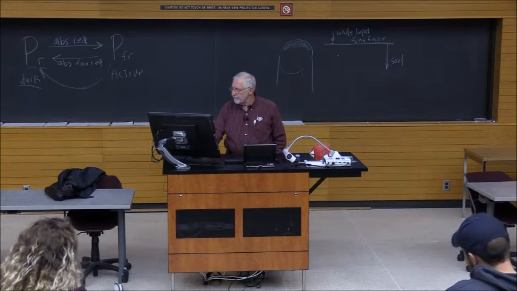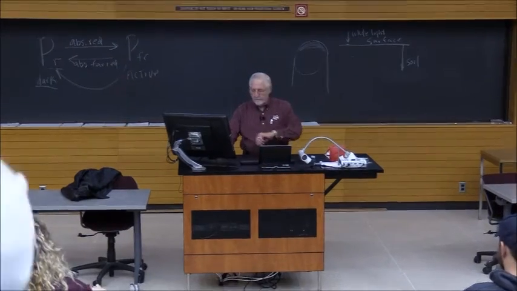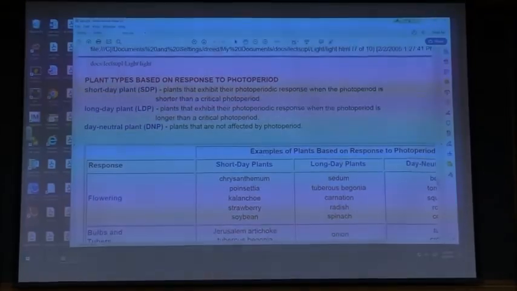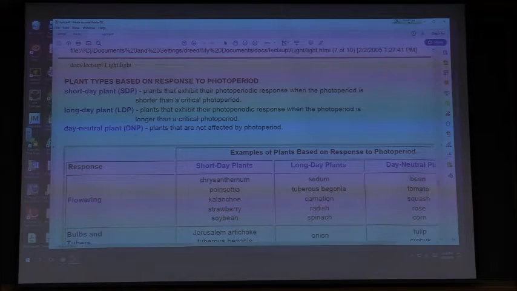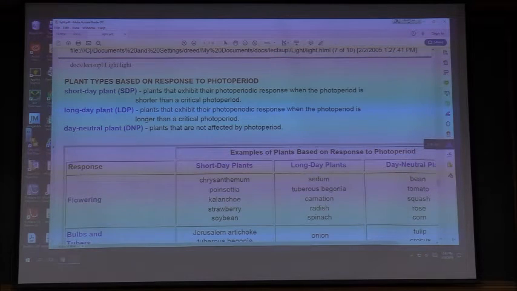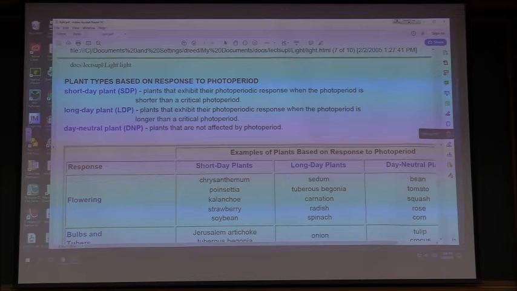So our last topic is photoperiod. Photoperiod is how plants respond to the length of night versus the length of day. It's not intensity, it's not color, it's just how long they see the light that they can sense, which is mainly the visible light.